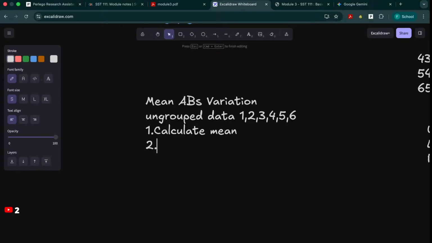Then step 2 is to minus each value, like mean minus each value.